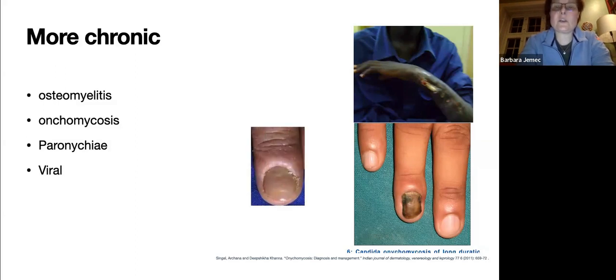Paronychia can also be chronic, especially in people who have their hands in water for a lot of the time. The second thing that's important is that you have lost the eponychial fold, the cuticle that you get pushed back in the nail bar when you get your nails done. That's actually meant to be there as a good thing, because it keeps bacteria out.